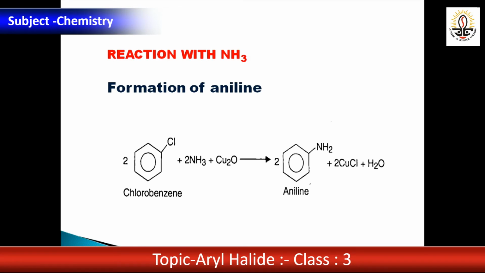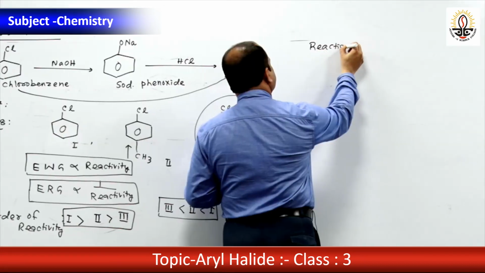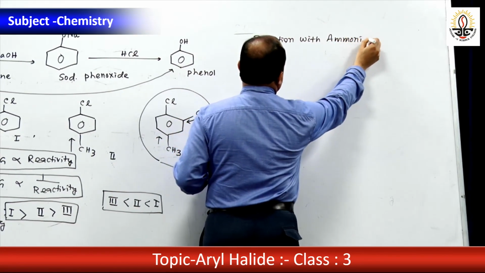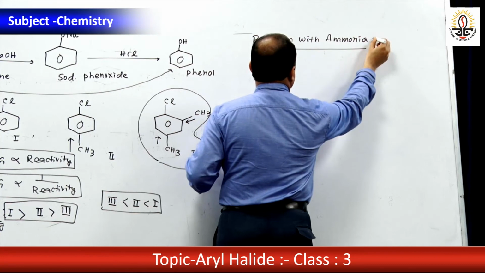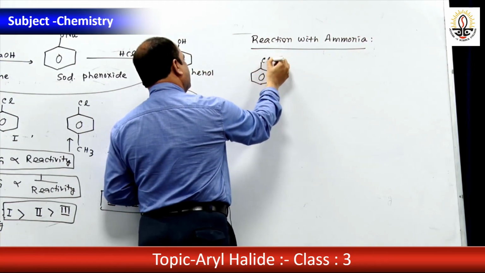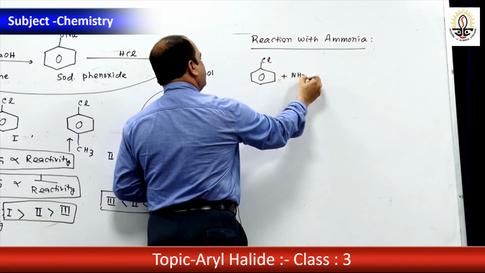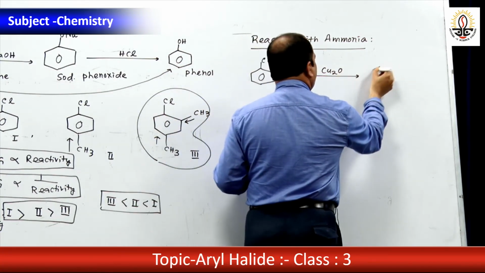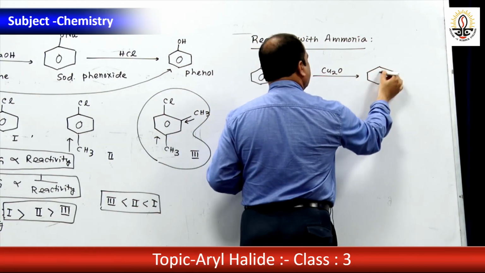Our next reaction is reaction with ammonia. What happens when chlorobenzene reacts with ammonia in presence of copper oxide? When chlorobenzene reacts with ammonia in presence of copper oxide, ammonolysis takes place to give aniline.